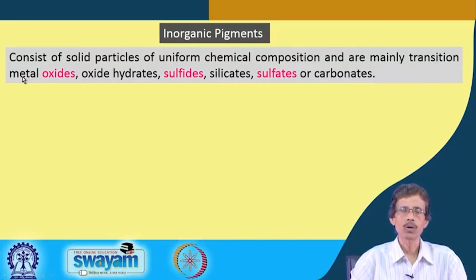We will see how nicely we can have the transition metal oxides, because we all know that the different types of transition metal oxides are the ore material or the mineral material that we get from the earth crust. So, with some processing, with some purification, we can directly use those uniformly sized metal oxides as the pigment material. We will see what those pigment materials are and what we can use for these purposes.